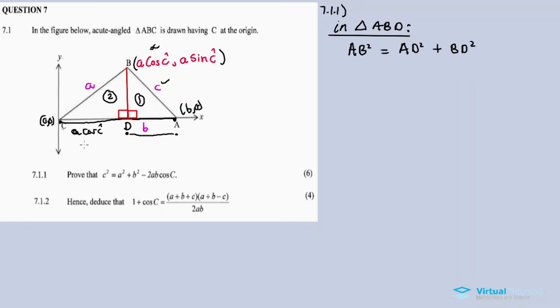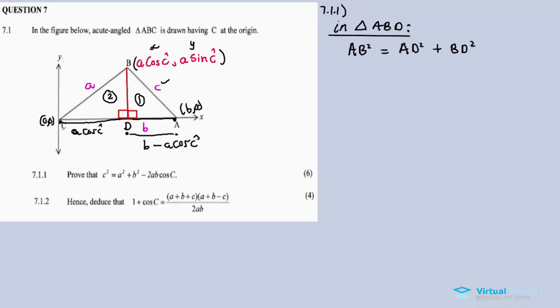Right? It's this length that we calculate. Therefore, it means that AD is in fact B minus A cos angle C.